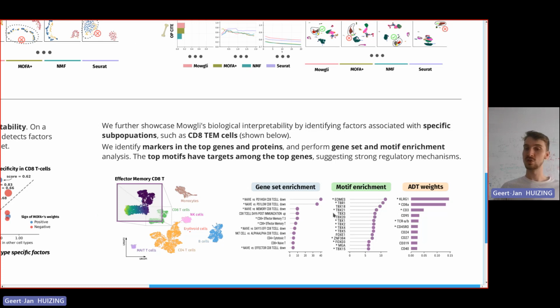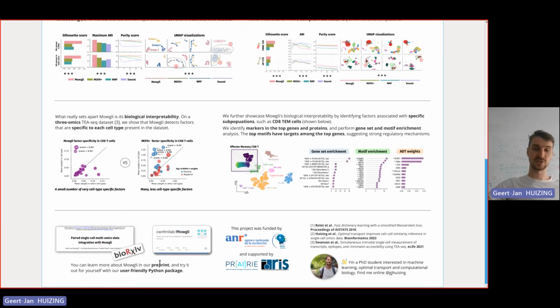We perform gene set enrichment and motif enrichment, as described before. And we find that those different layers of regulation confirm our hypothesis of effector memory CD8 T cells. Now, the interesting fact here is that the top motifs have targets among the top genes, which suggests strong regulatory mechanisms.